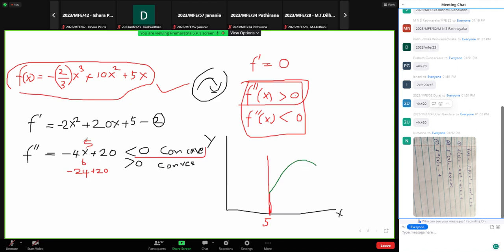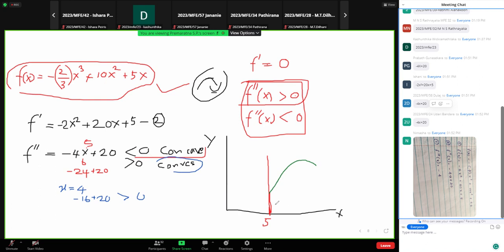And less than 5, let's say x equals 4: 4 times 4 is 16, minus 16 plus 20, the ultimate value is positive. So you get the convex property.